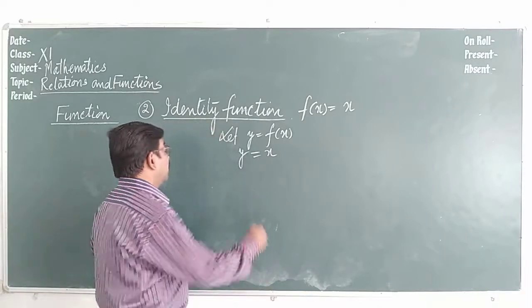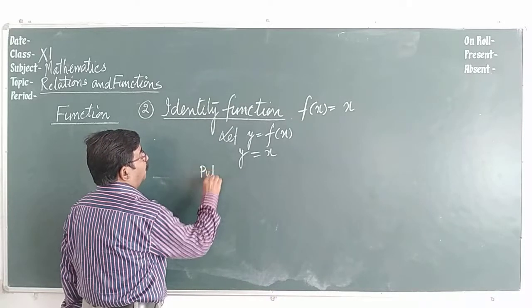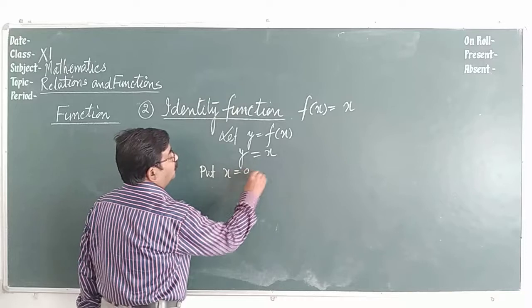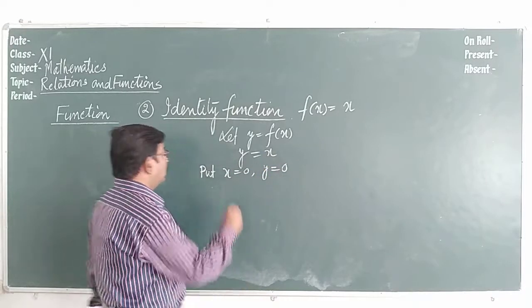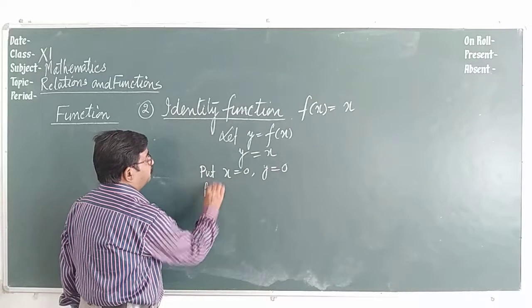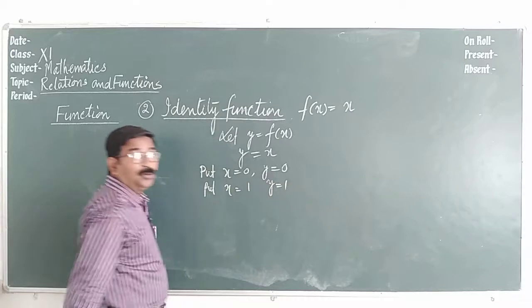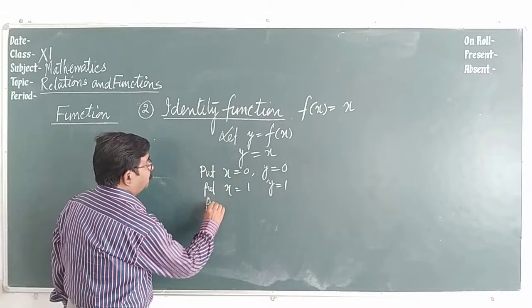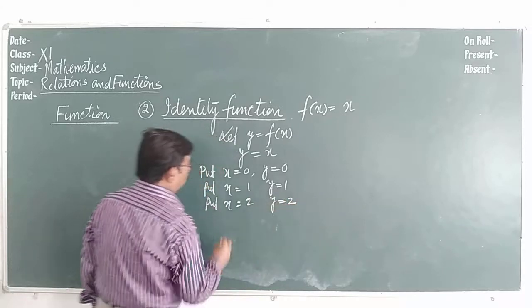Suppose I am taking here x = 0, then y = 0, because y and x are both the same. Put x = 1, then y = 1. Put x = 2, then y = 2.